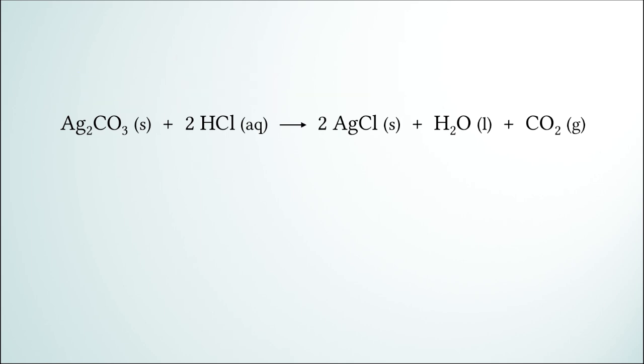Looking at the equation more closely, if a chemist had 1 mole of silver carbonate, he would want to use more than 2 moles of hydrogen chloride to make sure all the silver carbonate would be used up. That makes sure the silver carbonate is a limiting reactant. Then the entire mole of silver carbonate would be used, and the 2 moles of silver chloride, 1 mole of water, and 1 mole of carbon dioxide would be made, plus some leftover hydrogen chloride.